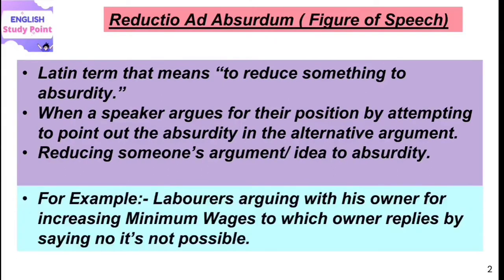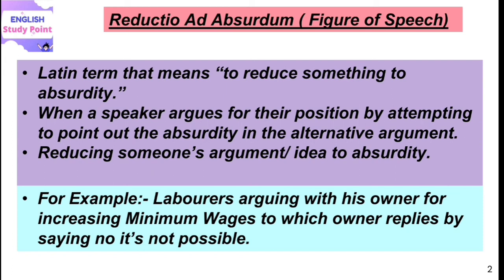Now this is an example which fits with the definition of reductio ad absurdum. This is a general example where a laborer is arguing with his owner for increasing minimum wages, to which the owner replies by saying it's not possible.